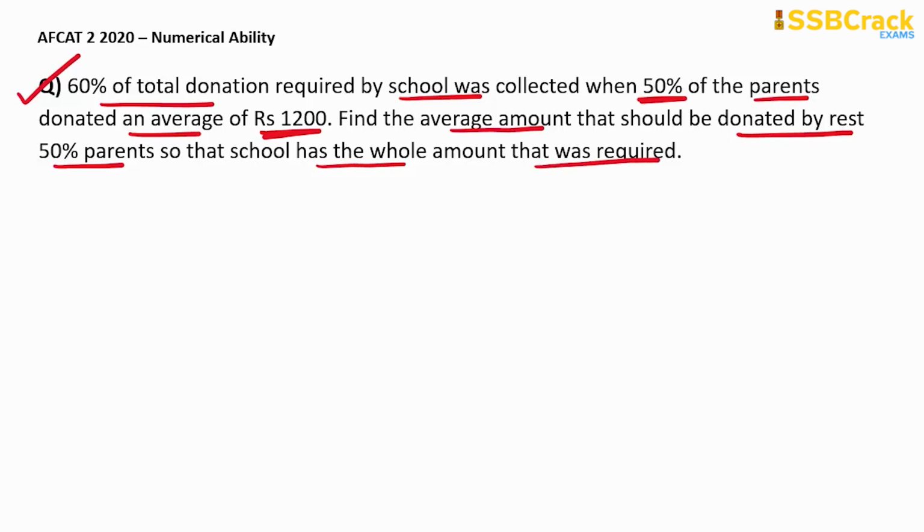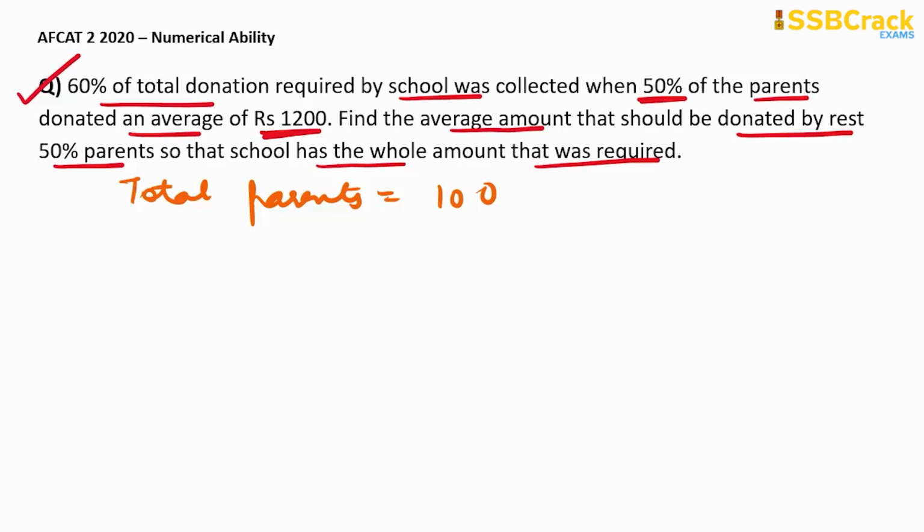So this question is again based upon the average part. Firstly we can let the total number of parents be 100, because by letting it be 100, this will make our calculation very easy and we will finally get the answer.